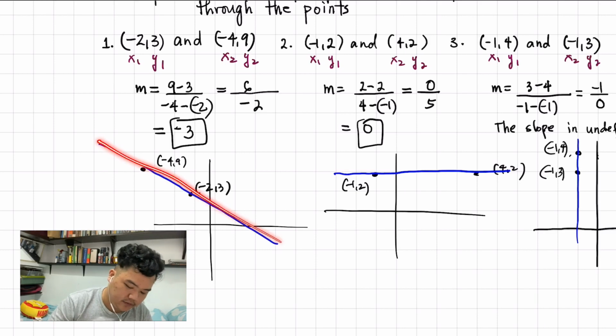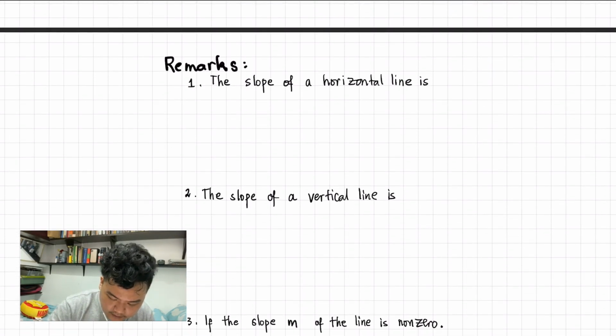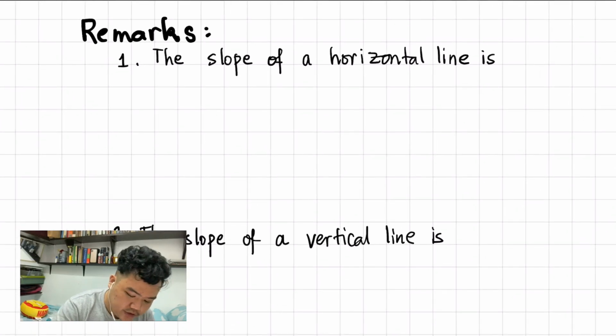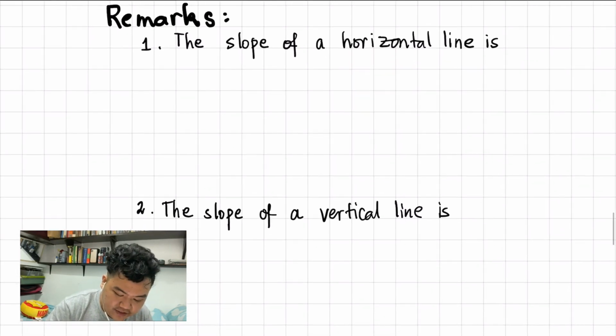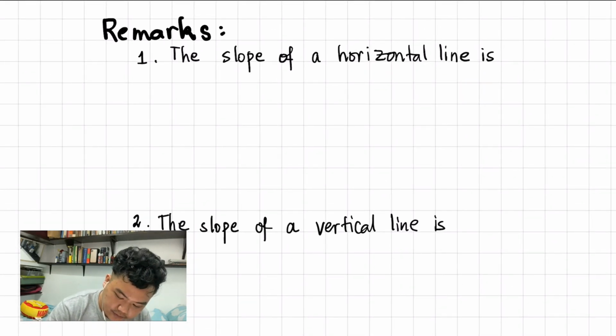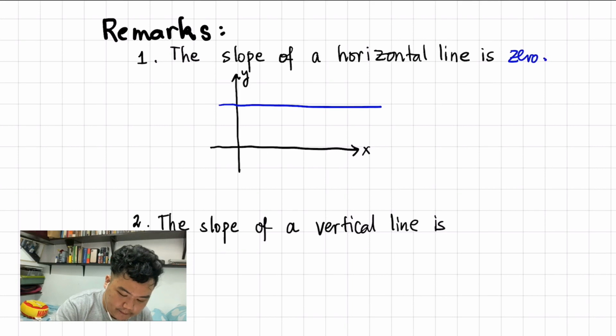Okay, like this one. And let us summarize those results and give some justification. So the slope of a horizontal line is 0. Why is that so? Because let's say this is your xy plane, and let's say this is your horizontal line.